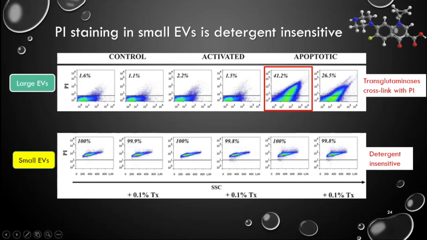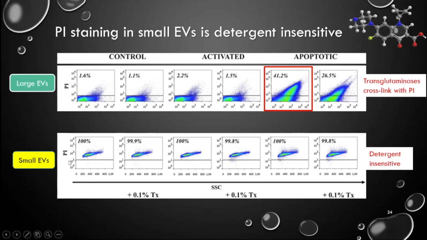However, it was sort of stable, and the idea here was that it could be due to transglutaminase cross-linking with the propidium iodide on the surface of the large vesicles.